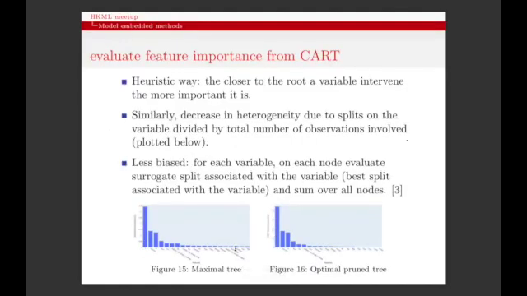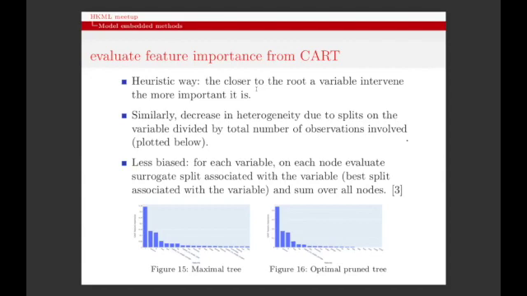So from this CART model, there are several ways that we can evaluate feature importance, and then, for example, perform recursive feature elimination using the feature importance. The most heuristic way would be to look at the position where each variable intervenes, and to say the closer to the root, the more important is the variable, because variables are put into competition at each node.